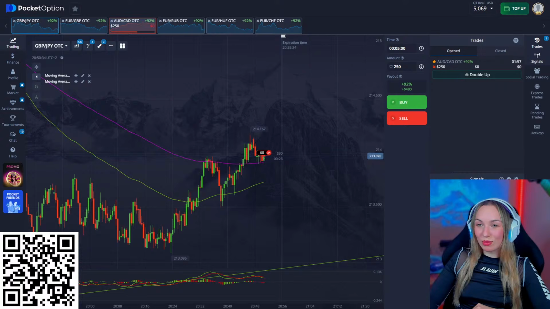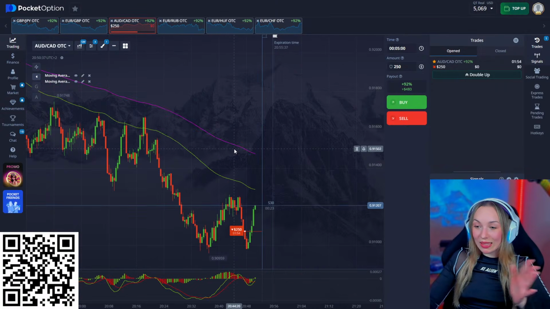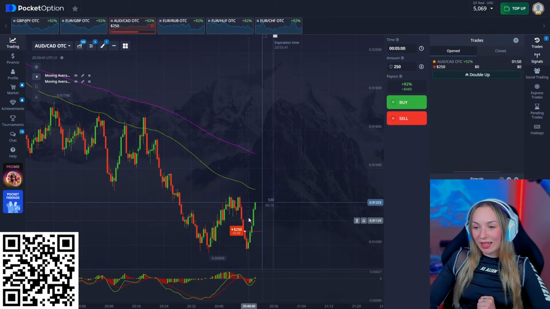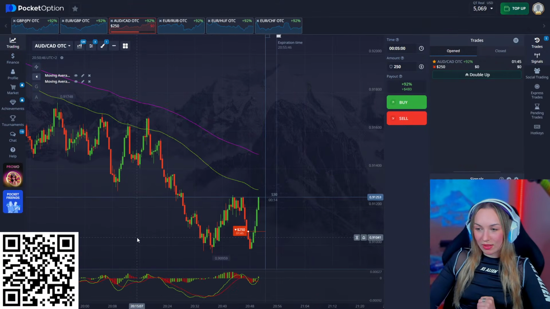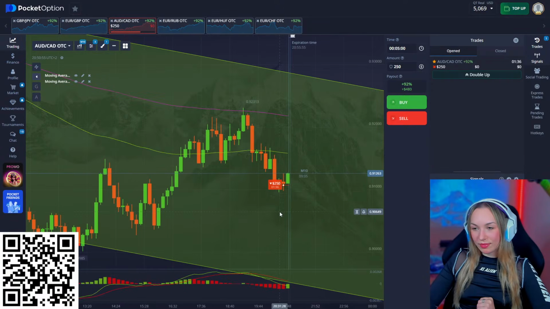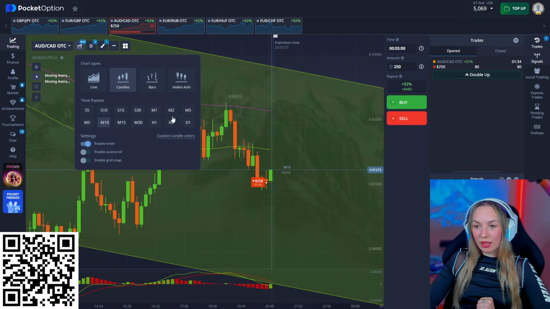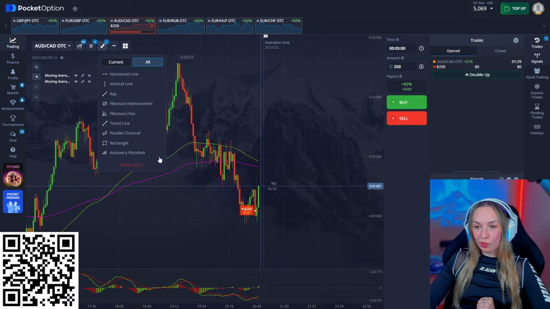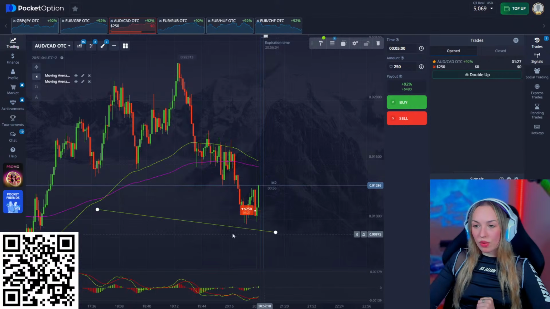Okay, this one wasn't profitable, unfortunately, and AUDCAD, yeah, it looks like I entered too low. This one was a very small one, you see? Maybe it's moving in a very small range.